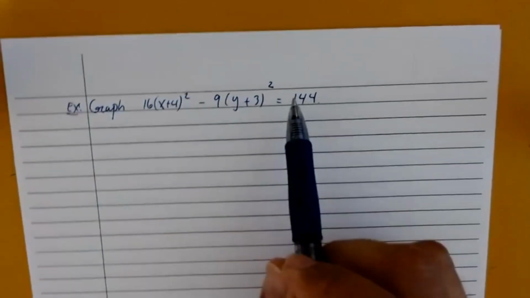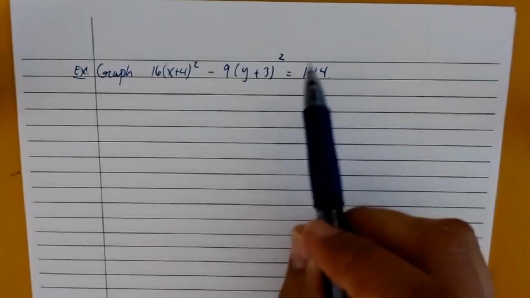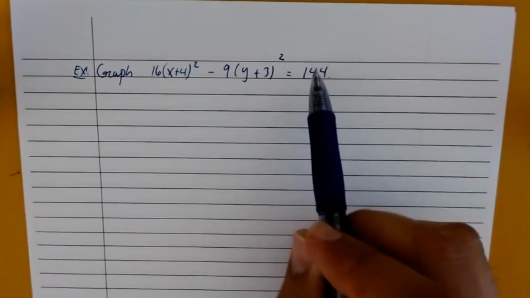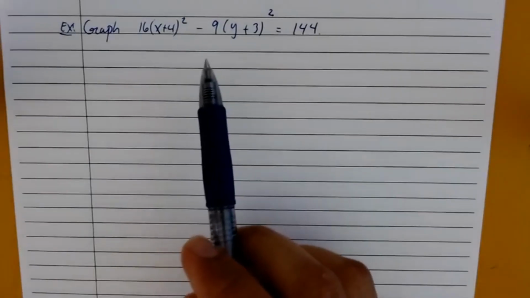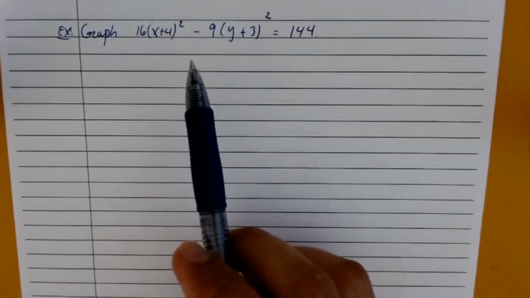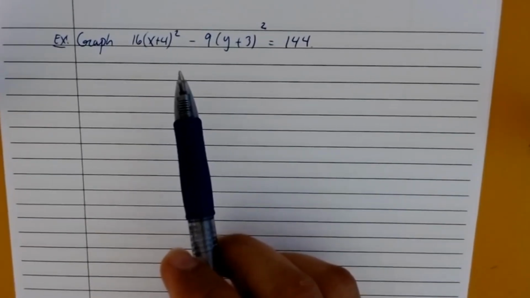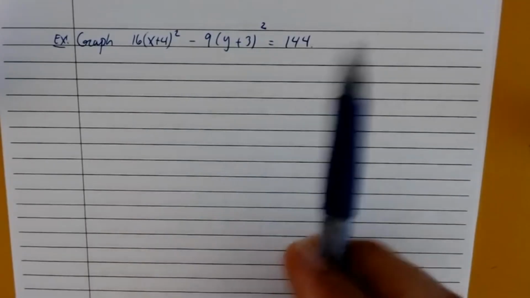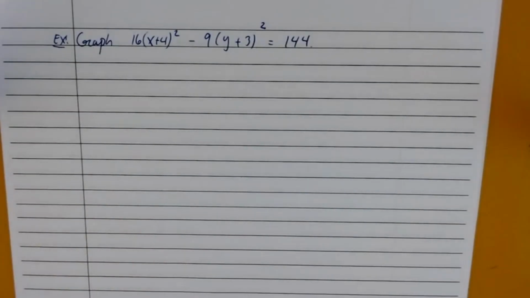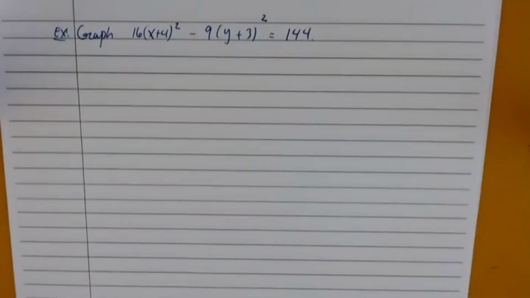I remember the standard form of a hyperbola should have this end as a 1, so make sure you take care of that first. And then go ahead and give this a try. Go ahead and graph. You're going to plot your center, your vertices, your foci, and you're going to have your asymptotes. Go ahead and find the equations of the asymptotes as well.